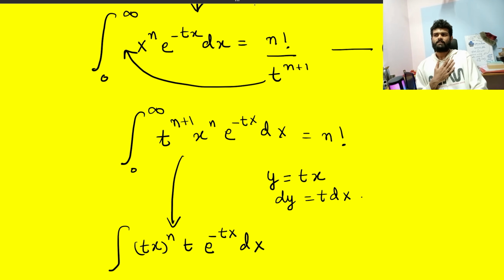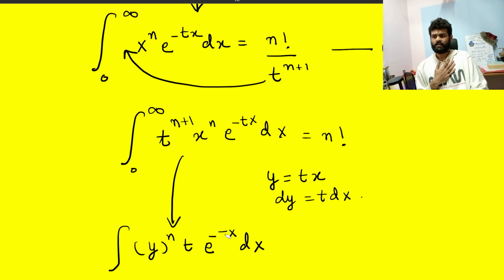Now let's put this in terms of y. So tx will become y, because y is tx, and this will again become y.